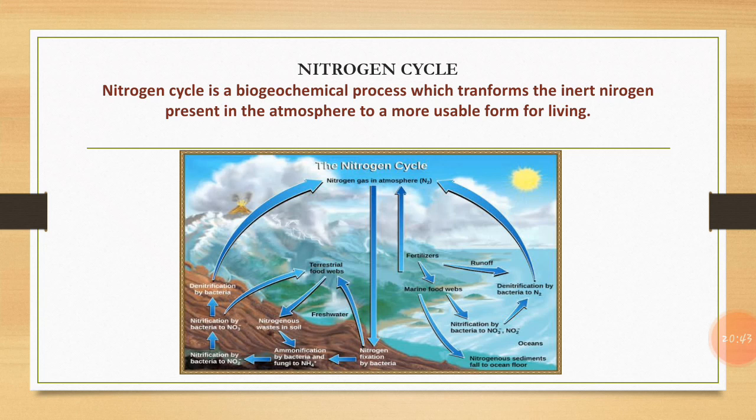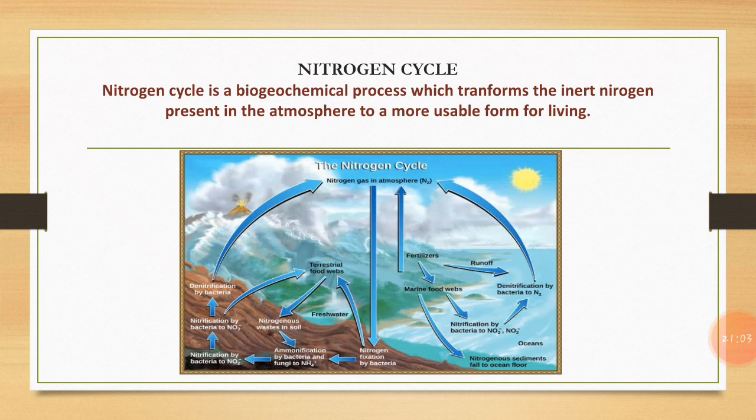The nitrogen cycle consists of the following steps, in which the first step is nitrogen fixation. Now let us know what nitrogen fixation is. Nitrogen fixation is the initial step of the nitrogen cycle.